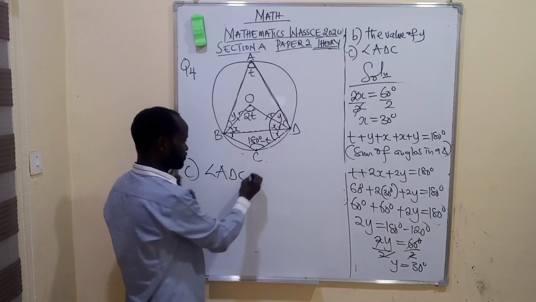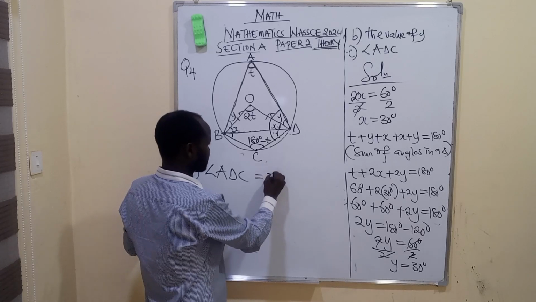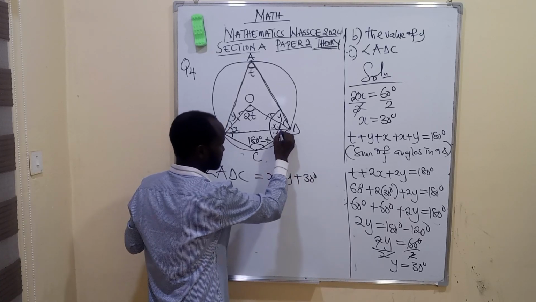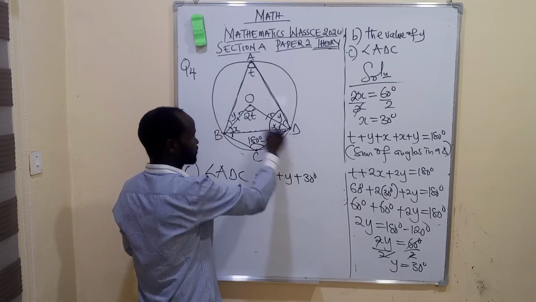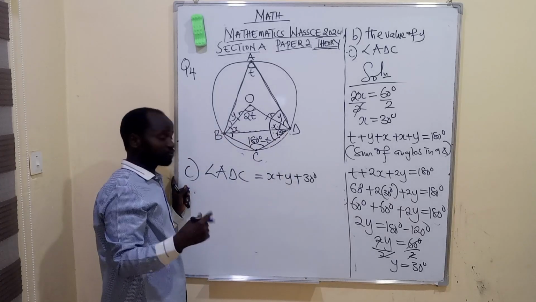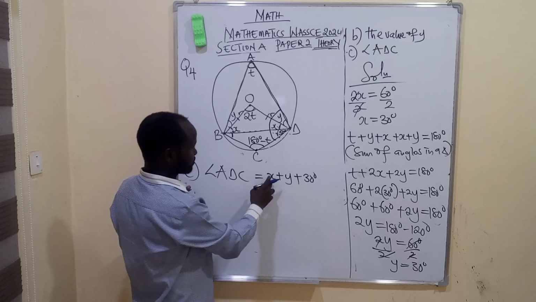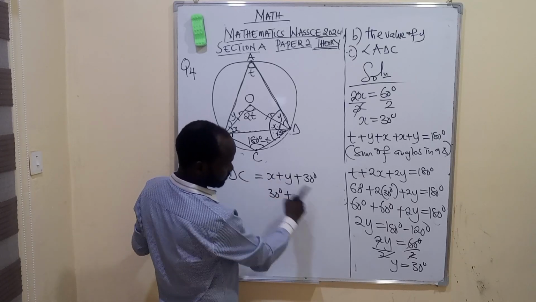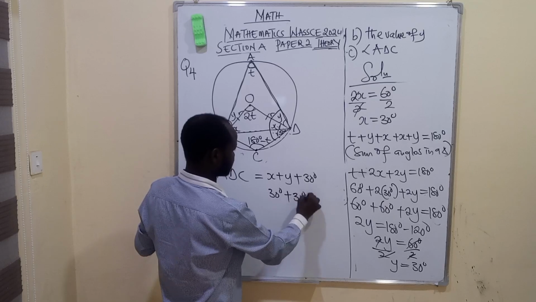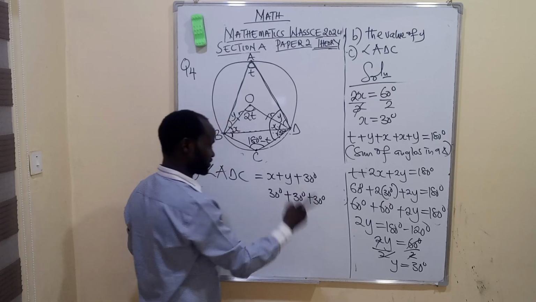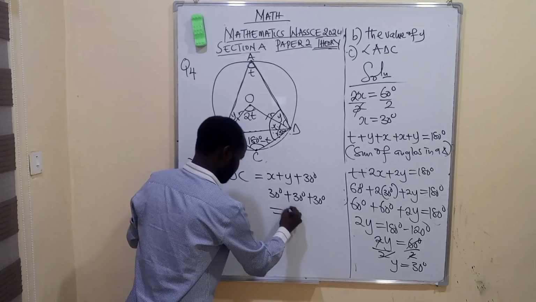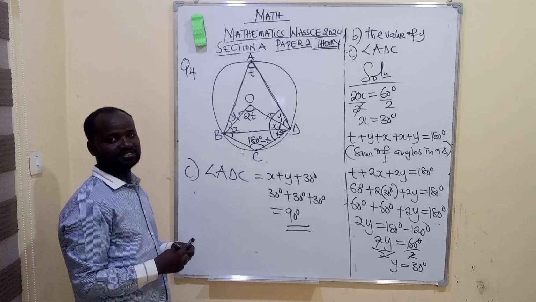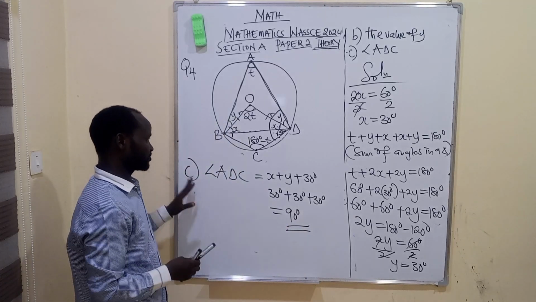So angle ADC will be equal to x plus y plus 30 degrees. Why? Because opposite angles of a rhombus are equal. So x is 30 degrees, plus y is 30 degrees as well. So this will be 30 plus 30 plus 30, that will be 90 degrees. So angle ADC is 90 degrees. So this is the solution to C.